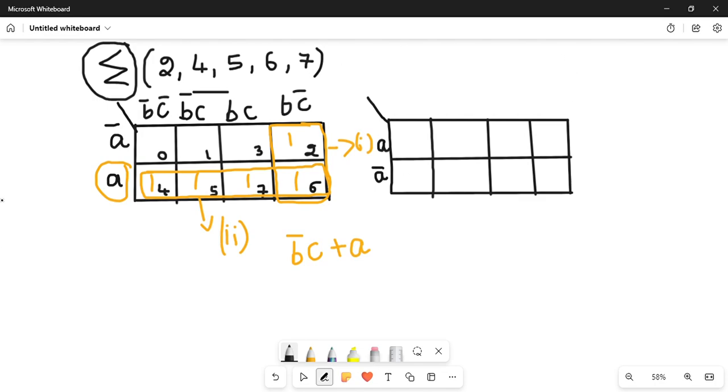And here it is the B plus C, B plus C bar, B bar plus C bar, and B bar plus C. And here it is 0, 1, 3, 2 and 4, 5, 7, 6. Right?